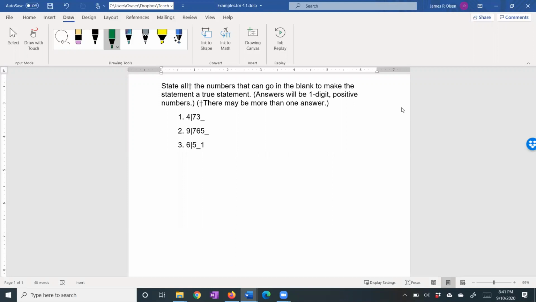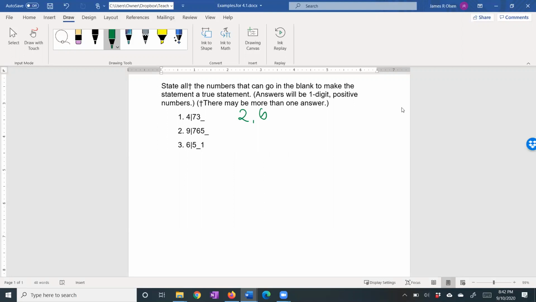Well, 4 does divide into 32, so 2 would make that a true statement. What other numbers in the 30s are divisible by 4? 36 is divisible by 4, so 6 can go in the blank and make a true statement. This is the answer to number 1.